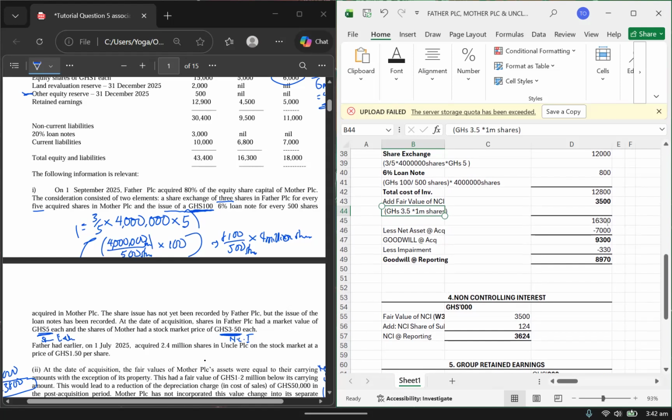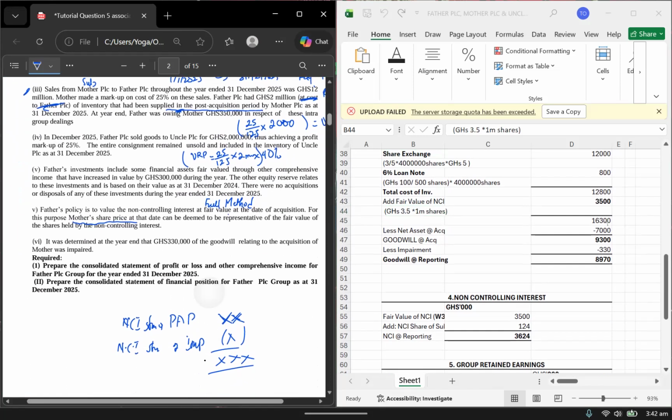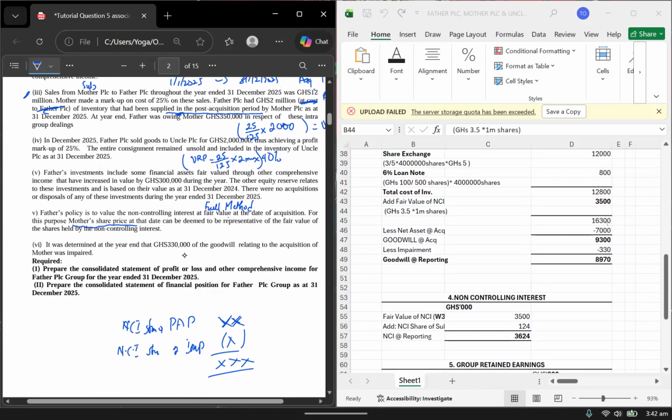Okay. Goodwill at acquisition. But then because we are having an impairment of 330,000, which has already been given, you subtract it from the goodwill at acquisition to get goodwill at reporting. So this is what will go into the statement of financial position. So imagine if there was no impairment in relation to this goodwill.